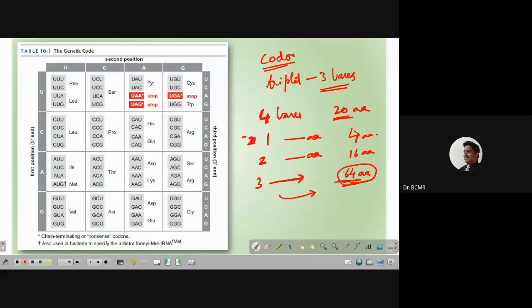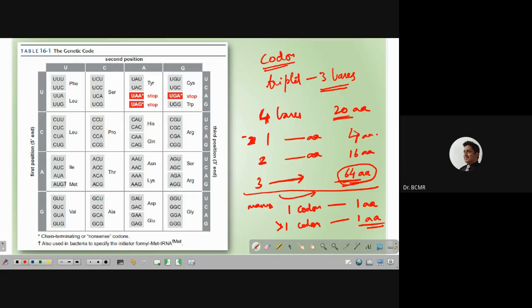As more and more experiments were done, what they found was that the genetic code is degenerate. That means more than one codon can code for one amino acid.